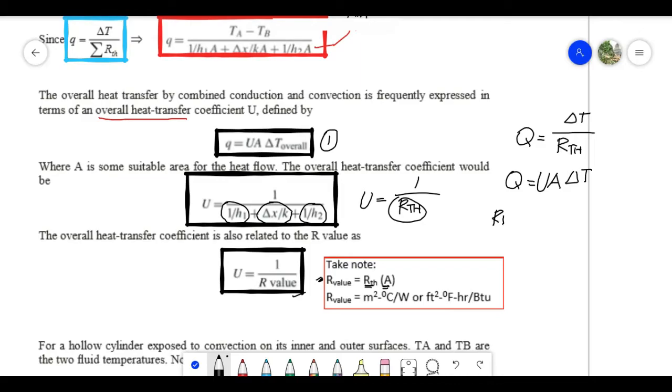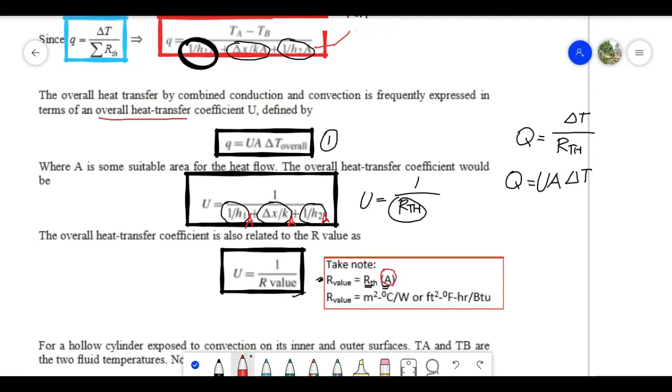Kung isusulat natin yung thermal resistance ng tatlong nasa itaas na thermal resistances, ito po sila. Pero makikita natin, pag U na ang sinulat, natatanggal po yung area. Yung area dito, dapat may area dyan, may area dapat dito, area, and area. So, meaning finactor out nung U, yung area. Kaya nga yung R value is merong area din dito.